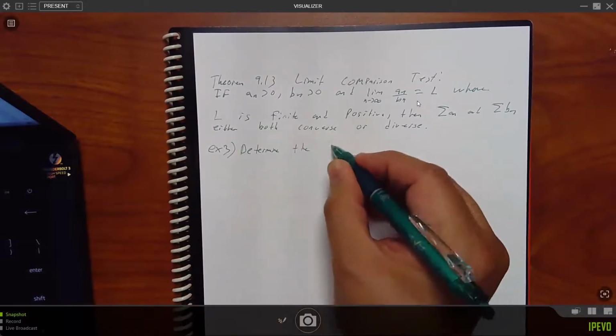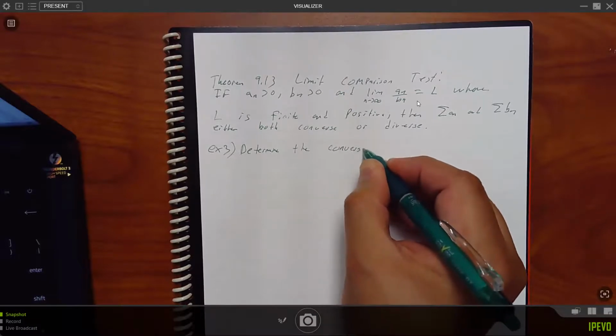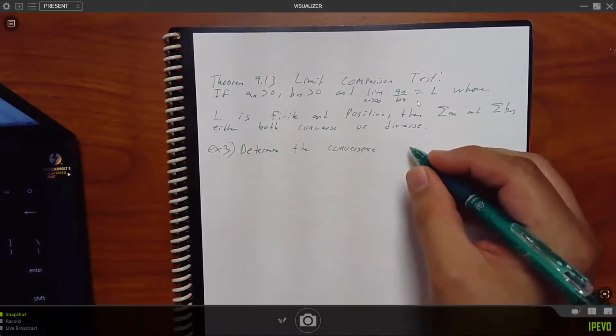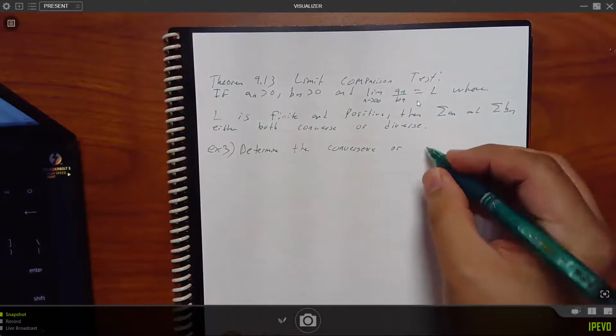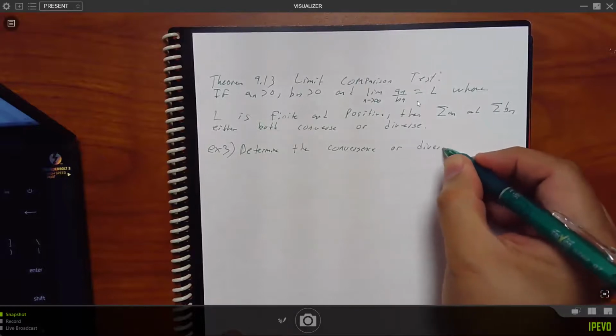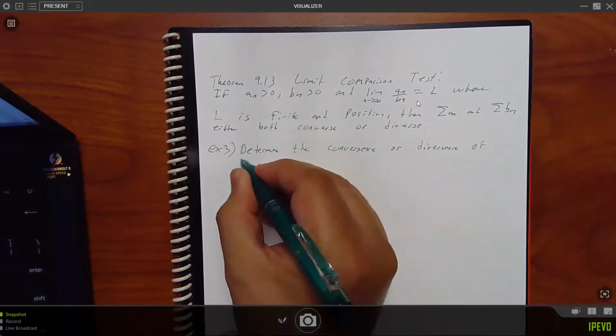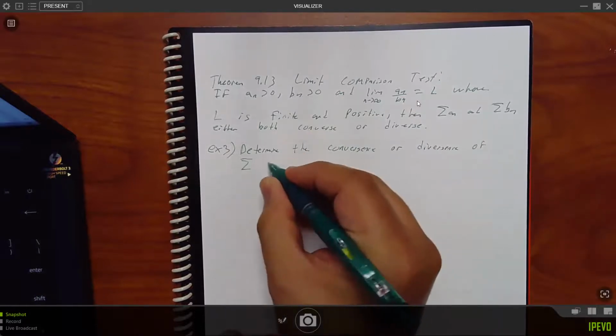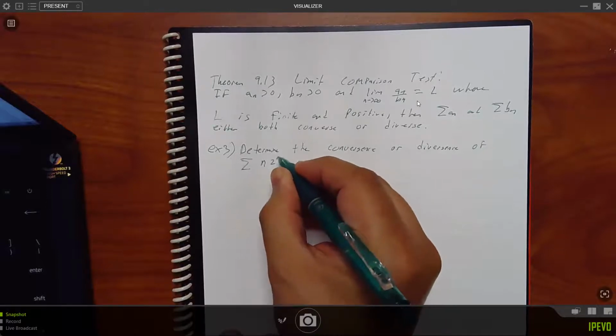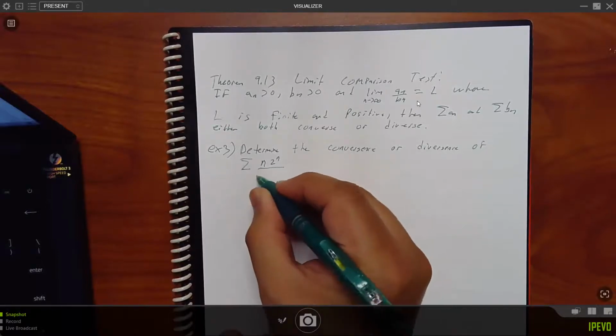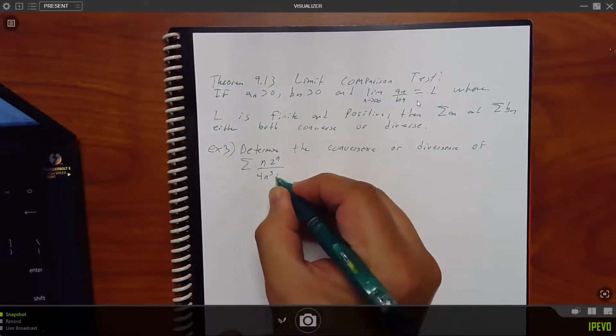Determine the convergence or divergence of the series n to the 2n over 4n cubed plus 1.